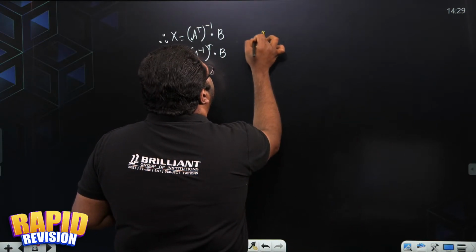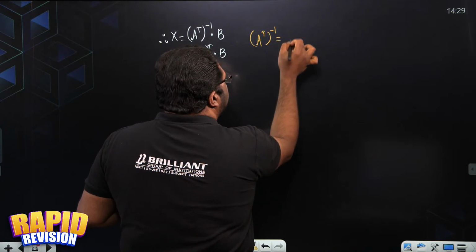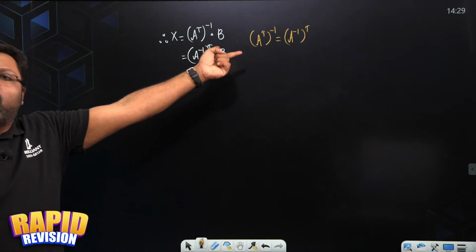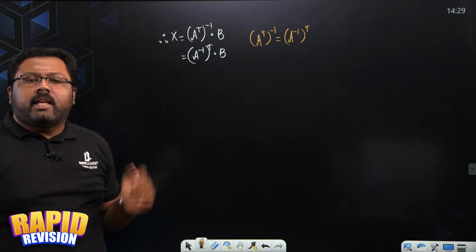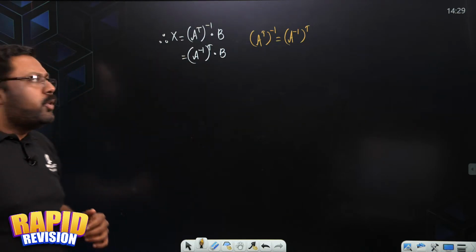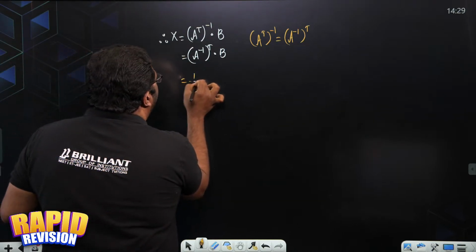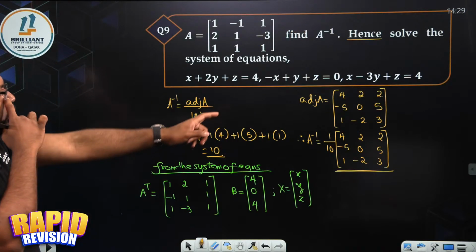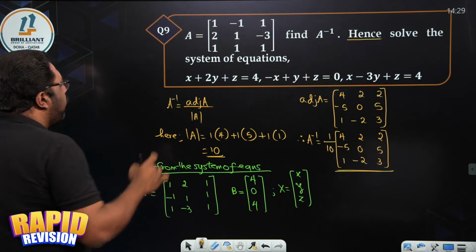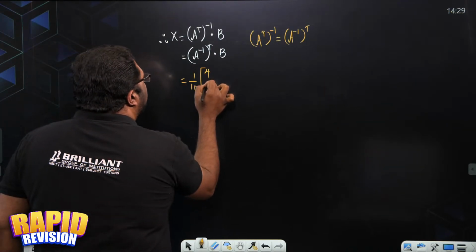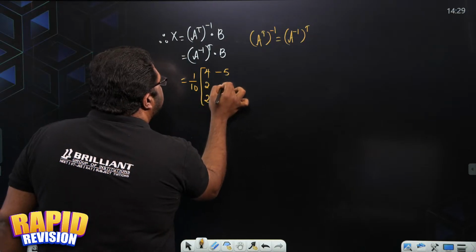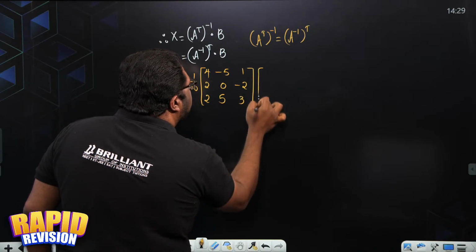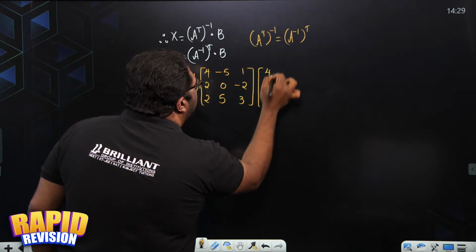Learn that A transpose inverse is same as A inverse transpose, and we already know A inverse from the calculations we did. Just take the transpose of that A inverse, that is going to be 1 by 10 times 4, 2, 2, minus 5, 0, 5, 1 minus 2, 3, transposed, multiplied with B, which is 4, 0, 4.